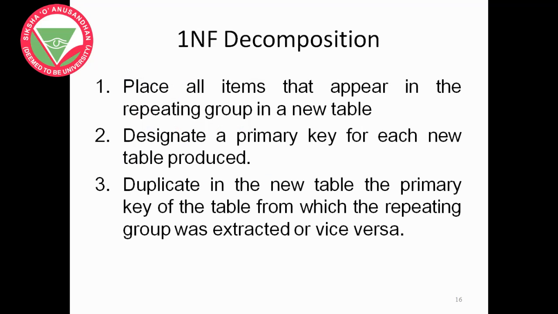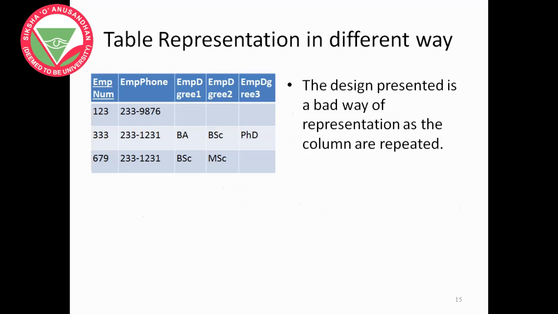Now let us see, if a table is not in the first normal form, how it can be decomposed. So this is the procedure for decomposing the table into the first normal form. Number one, place all the items that appear in the repeating group in a new table. That means in our previous example, our repeating group is employee degree.